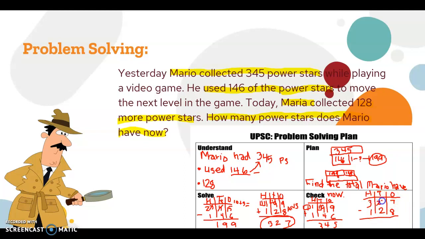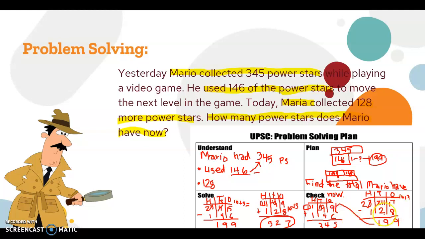I'm going to take one from the tens, and that leaves 1. 10 plus 7 is 17. 17 minus 8 is 9. I don't have enough tens on top to take away 2, so I need to borrow from the hundreds, which leaves 2. And 10 plus 1 is 11. 11 minus 2 is 9. And 2 minus 1 is 1. So my answer is correct.